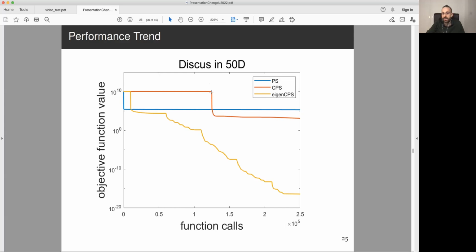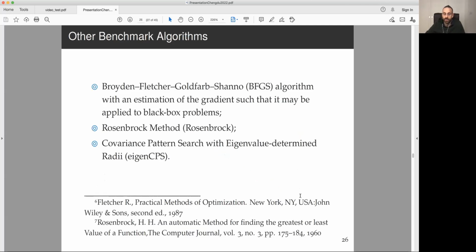These are located, and then it drops down, and then it keeps slowly going down. PS, conversely, improves at the beginning and then gets stuck. And Eigen-CPS, you see here, is analyzing, then there is some analysis, with some improvements and so on, and eventually achieves much better results, at least for this problem.